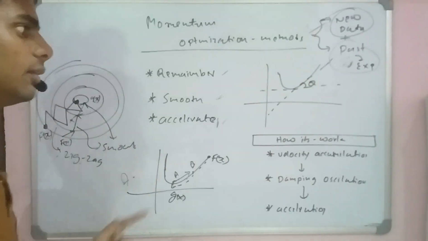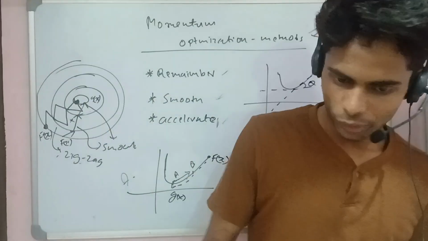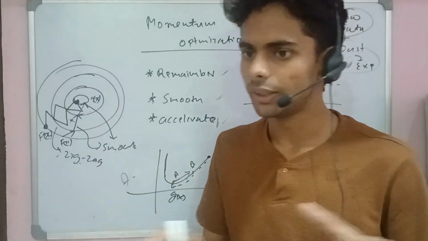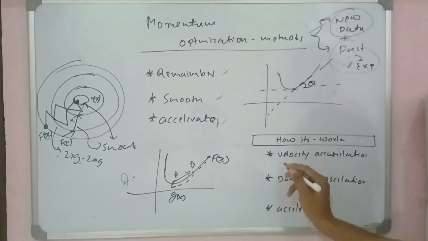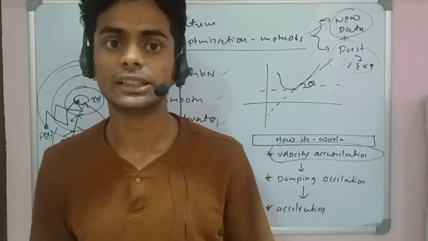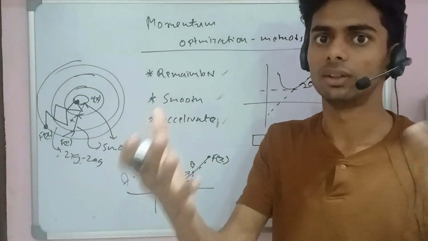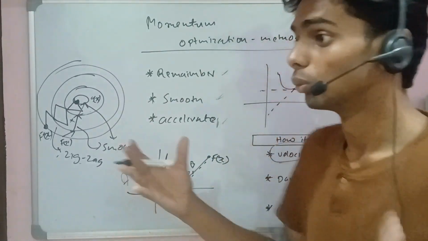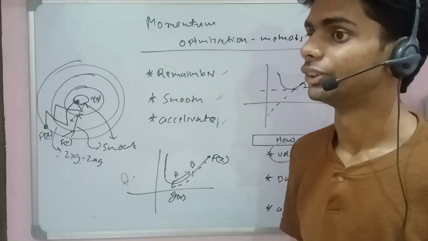So yeah, and the next part is how it actually works. That's the basic one. The interesting part of momentum is velocity accumulation. It starts with velocity accumulation. Take a real world analogy: if I take a decision on a foggy step, we need to look at both the first past experience as well as fresh data.